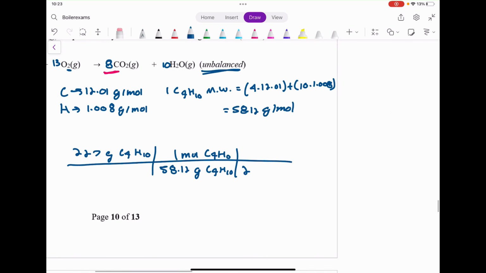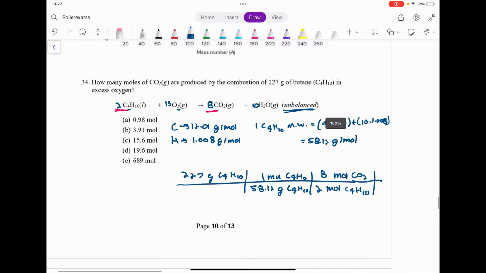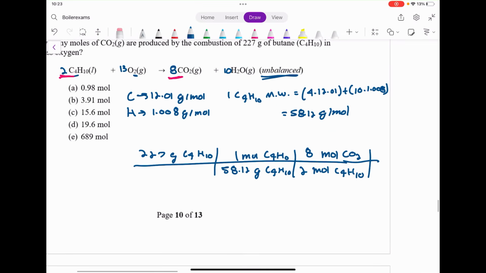So 2 moles of butane is going to yield me 8 moles of carbon dioxide. What do they want? Okay, they just want moles of carbon dioxide produced, so we're good. I was about to set up one last one for grams, but this is the unit they want.